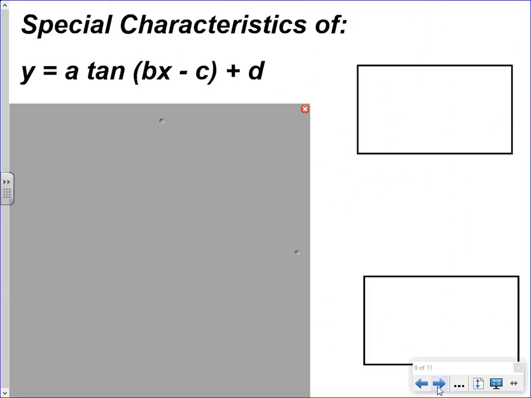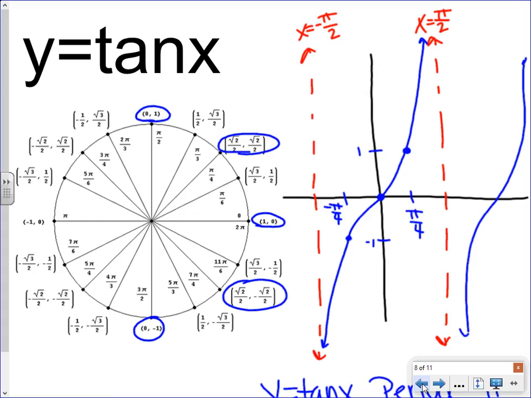What I want you to notice here, on our parent functions for sine and cosine, 0, 0 is our starting point, and then we drew our frame. Here in tangent, 0, 0 is smack dab in the middle of that frame. So for your tangent graphs, your starting point is now going to be in the middle of your frame.